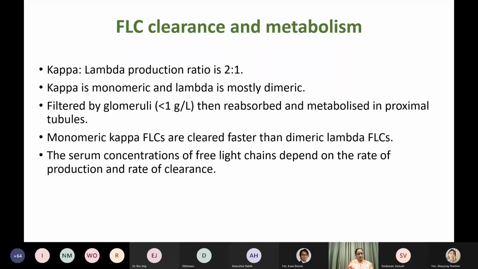When renal clearance is reduced, a greater proportion of free light chains are removed by cells of the reticuloendothelial system. This mechanism removes both kappa and lambda free light chain at the same rate, so the relative free light chain concentrations change to reflect more closely the higher rate of kappa production.